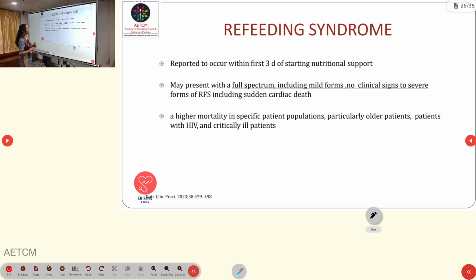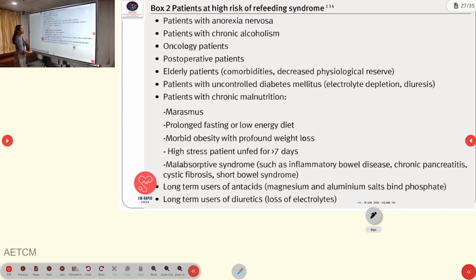It usually happens within the first 3 days of starting nutrient support, and sometimes the patient will have a full spectrum of symptoms because of refeeding syndrome. Sometimes it is a mild form, sometimes they might not have any symptoms, and suddenly they can go into sudden cardiac death because of arrhythmias.